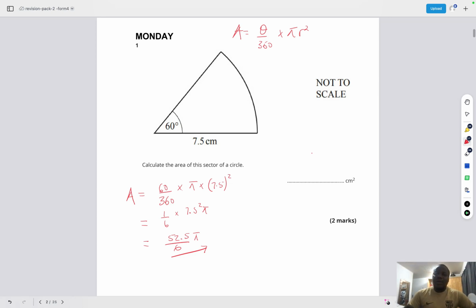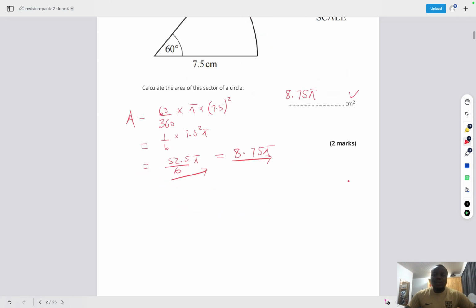If you divide 52.5 by 6, this gives us 8.75 pi. That is our answer in terms of pi for the area. The secret is to know the formula.